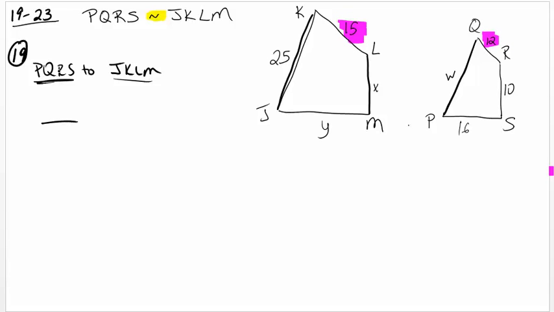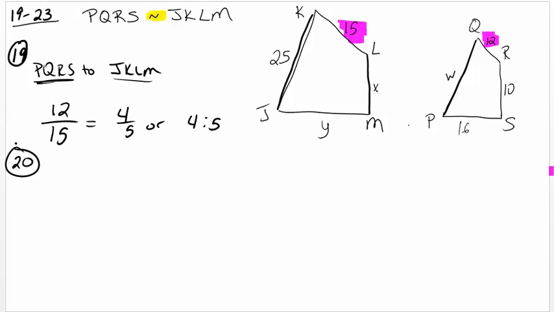Since PQRS is listed first, the 12 must go on top. JKLM is listed second, so the 15 must go on bottom. Then we reduce by finding something we can divide both by. I can divide by 3, and I get 4 over 5, or you could write it 4 to 5 using your colon. Either one is an acceptable answer.